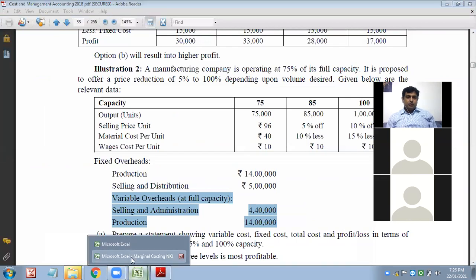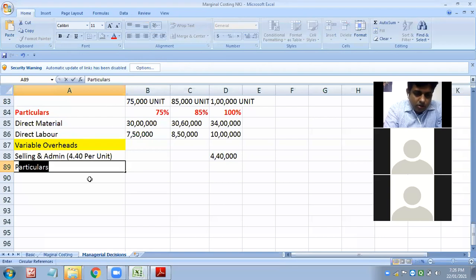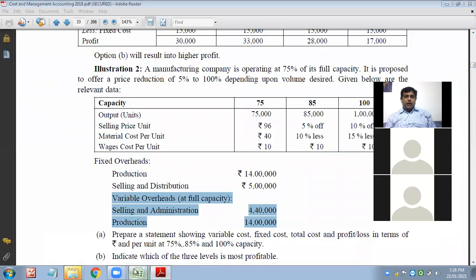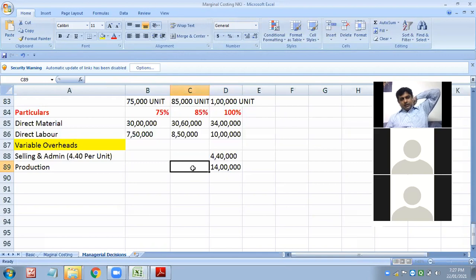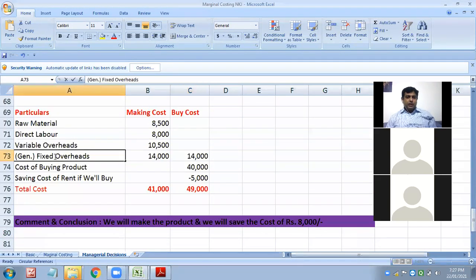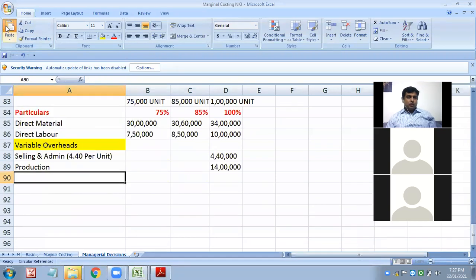Production overhead. Again, it is incurred as 14 lakhs. So 14 rupees per unit. Multiply and get me the answers. Be quick. Whereas for fixed overhead, it will not change.